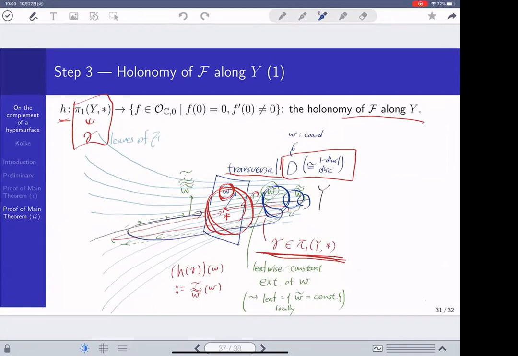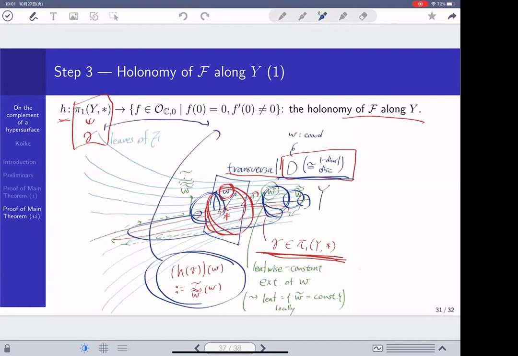And finally, it turns back to define a new coordinate system of the transversal D, if we shrink D if necessary, whose relation is the definition of the image H gamma. Okay.